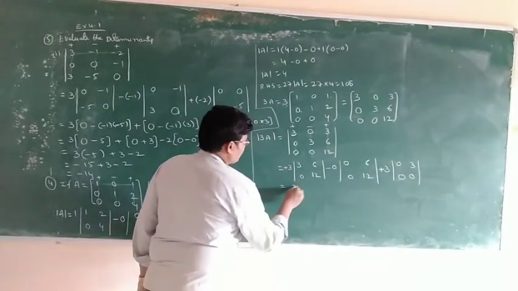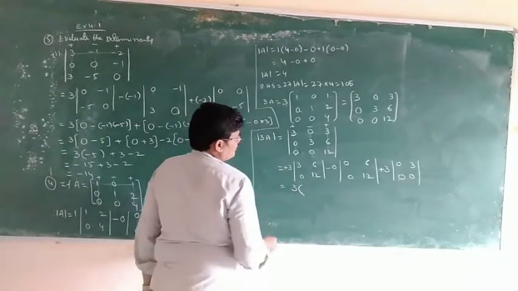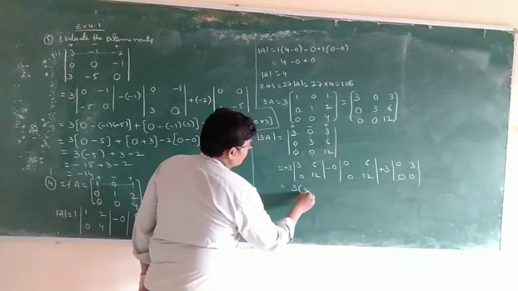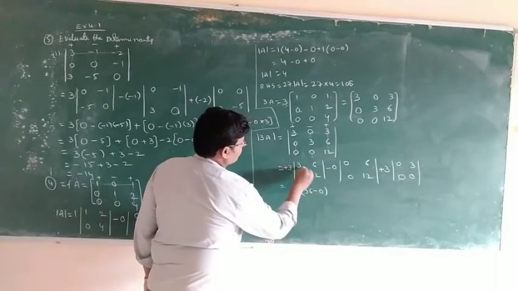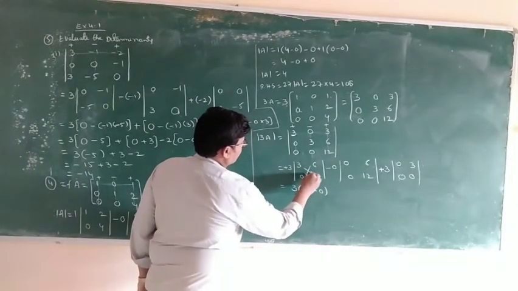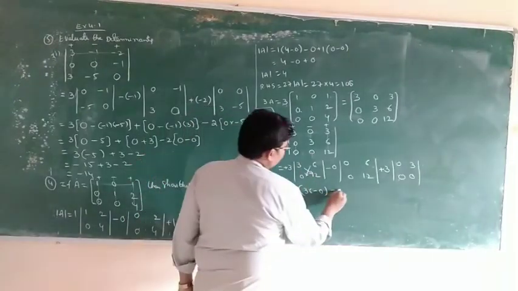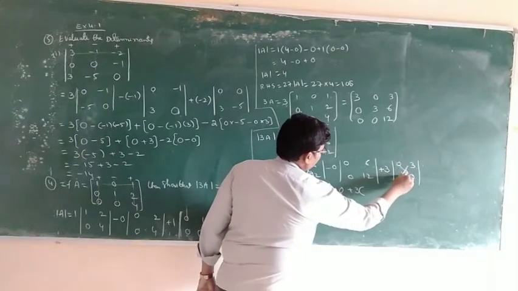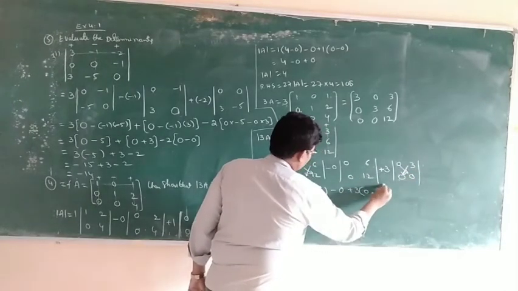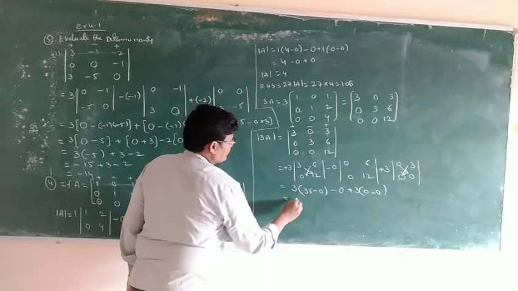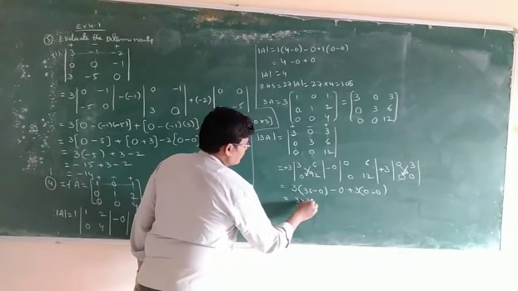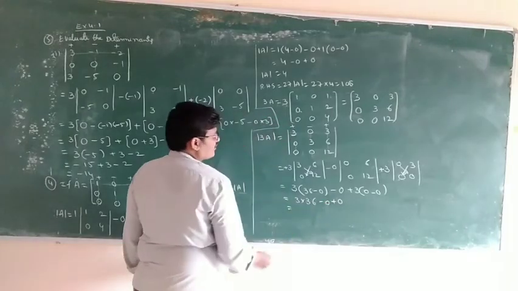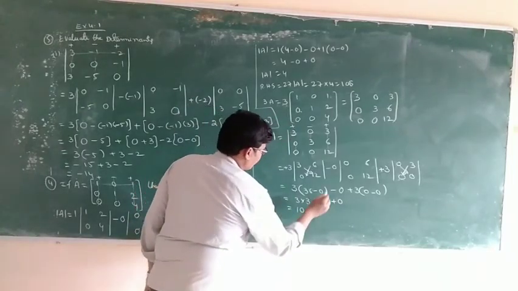So that is equal to 3 into the determinant of the 2 by 2 matrix, 3 into 12 is 36, minus 0. Then 0 into something is 0, plus 3 into 0 into 0 minus 0. So 3 into 36 minus 0 plus 0, that is equal to 3 into 36, which is also 108.